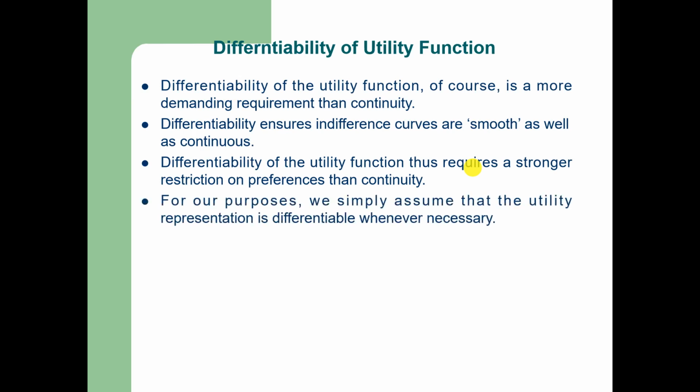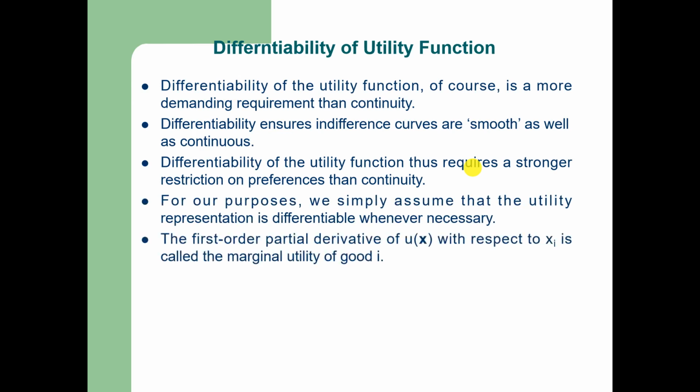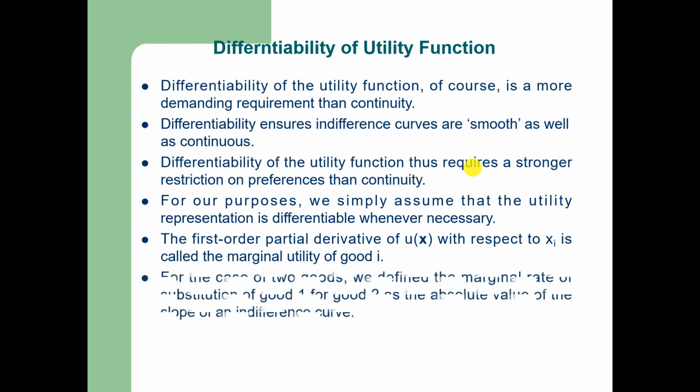For our purposes, we simply assume that the utility representing is differentiable whenever necessary, and the first partial derivative of the utility function of bundle x with respect to xi, that is a particular quantity of x, is called the marginal utility of good i.